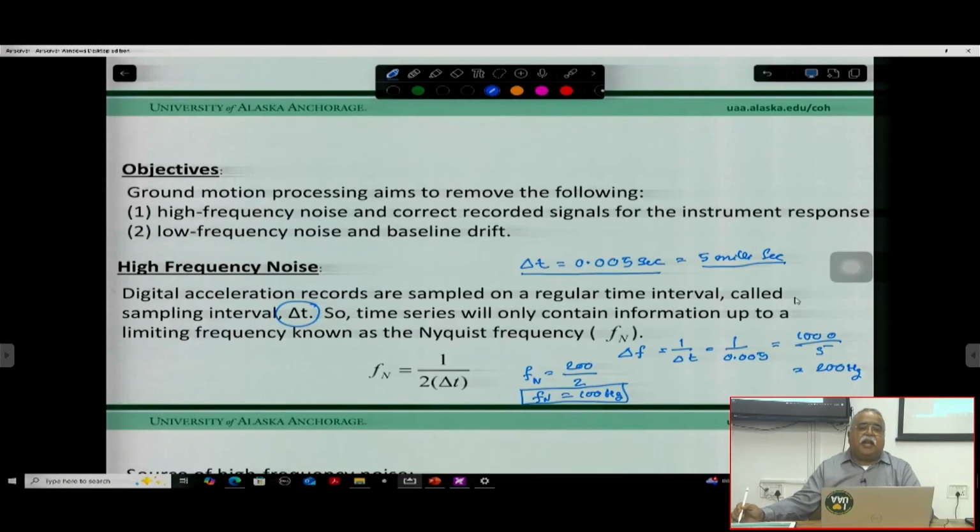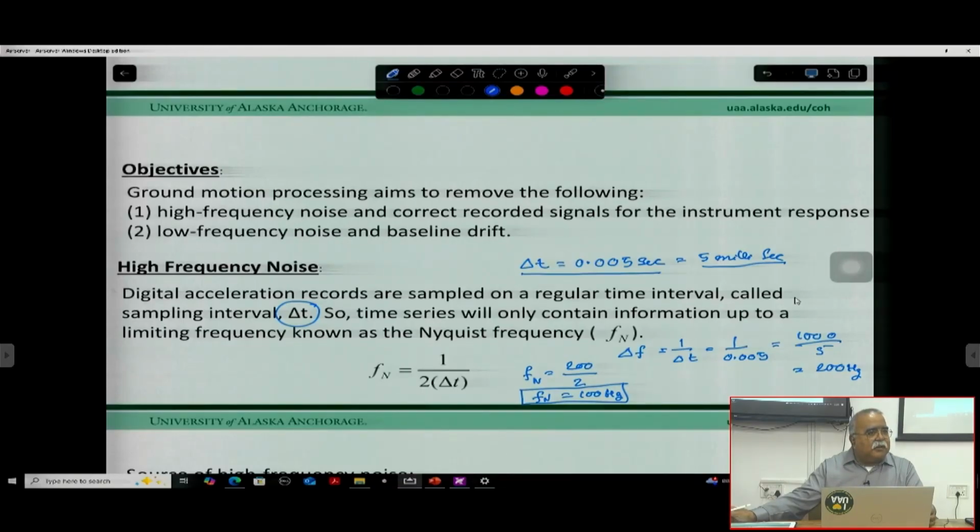You cannot get any information on a signal which has a frequency of 150 hertz or 120 hertz, because of the Nyquist frequency. I think in your digital signal processing course you have understood what the Nyquist frequency is.